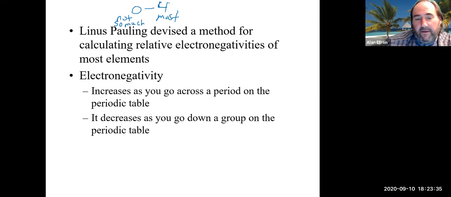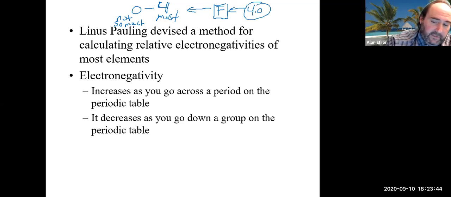And on the periodic table, as we will see, our good friend fluorine has a value of 4. So that's why it is the highest in terms of electronegativity. And again, our general trend is that it increases as you go up to the right on the periodic table, and decreases as you go left and down.